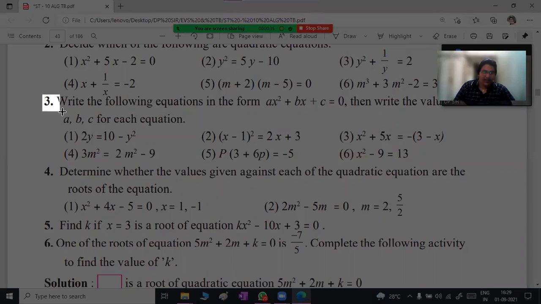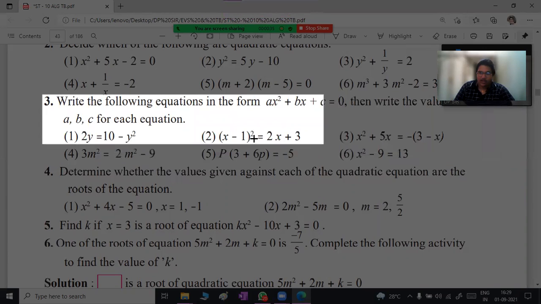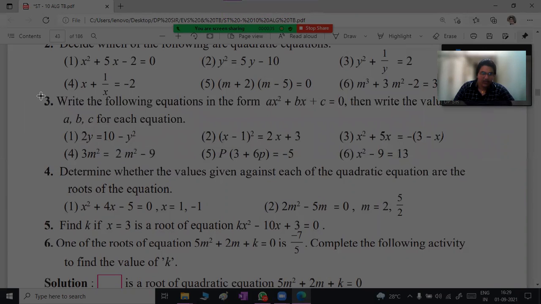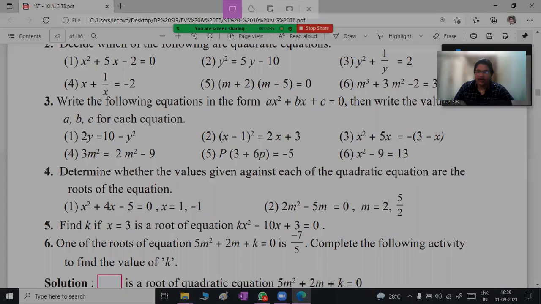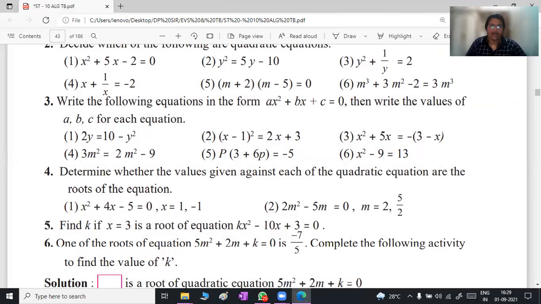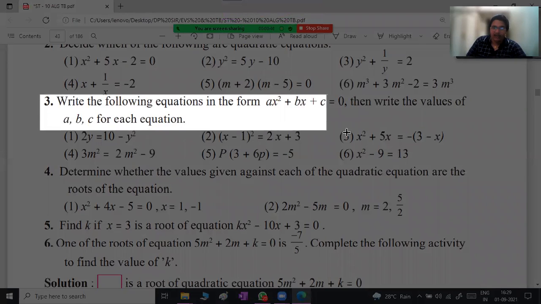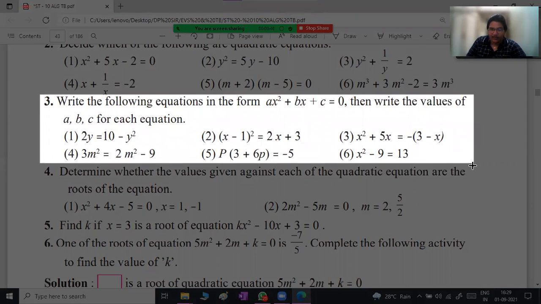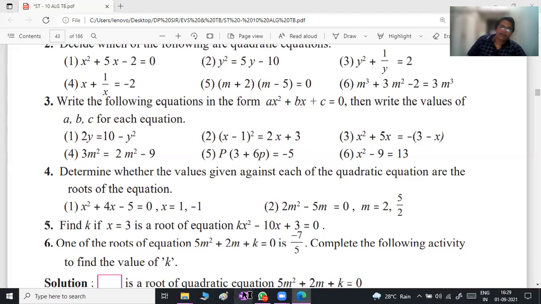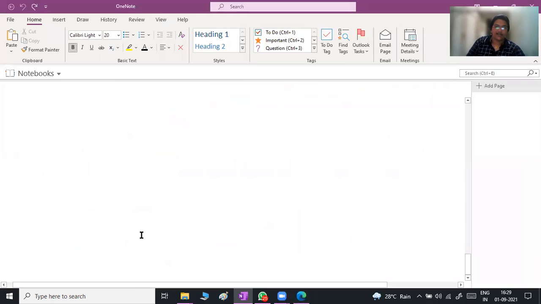So, let me just quickly copy the question. Question number 3 of your exercise 2.1, and I have copied this. Let me paste it to my OneNote and we'll start.